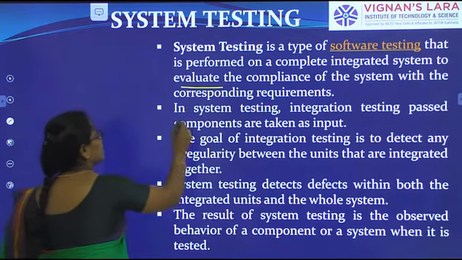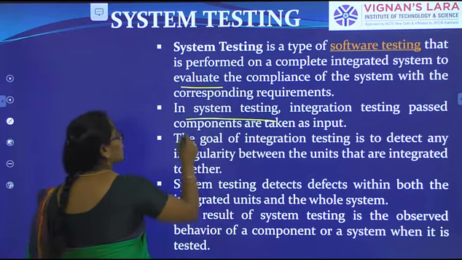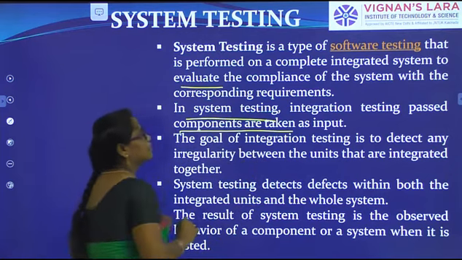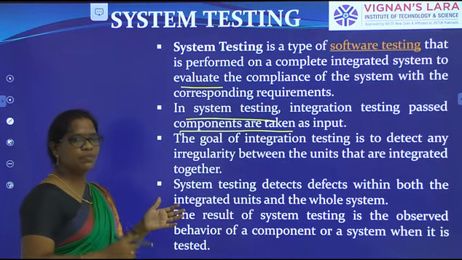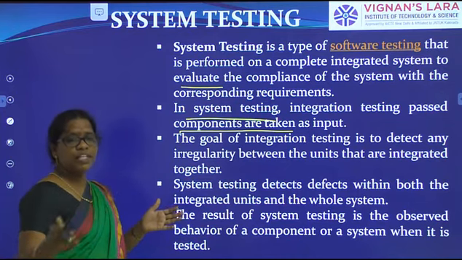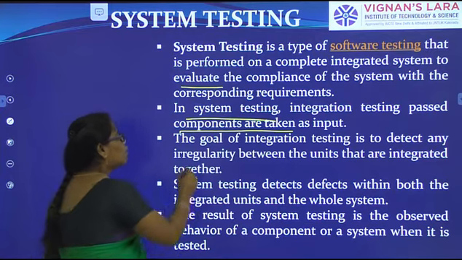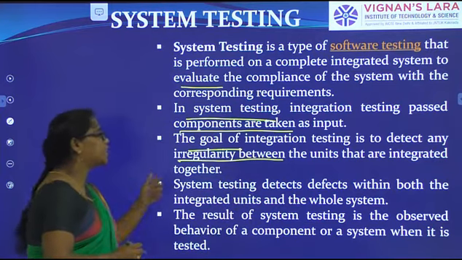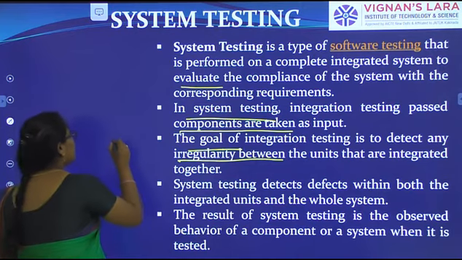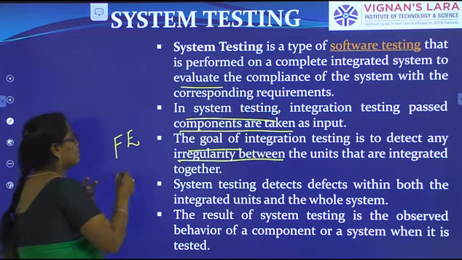In system testing, integration-tested, passed components are taken as input. The output of one system becomes the input to another system. The goal of integration testing is to detect any irregularity between the units that are integrated together. For example, a website will have two modules, front end and back end.